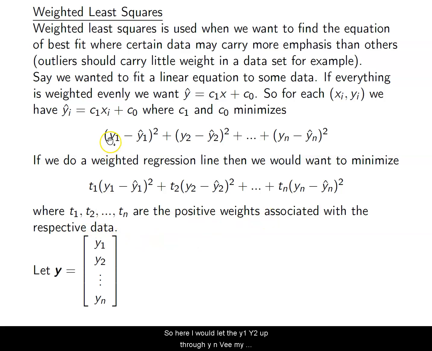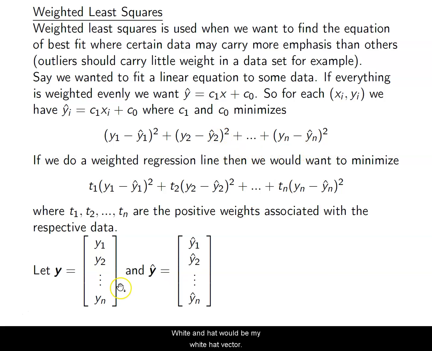So here I would let y1, y2 up through yn be my vector y, and y1 hat, y2 hat up to yn hat would be my y hat vector. These are my actual data values that come from my given set of data, and these are the values that I get from my regression line, where I have the c1 and c naught that minimize this weighted difference squared.